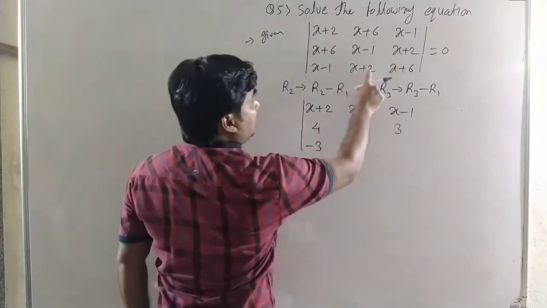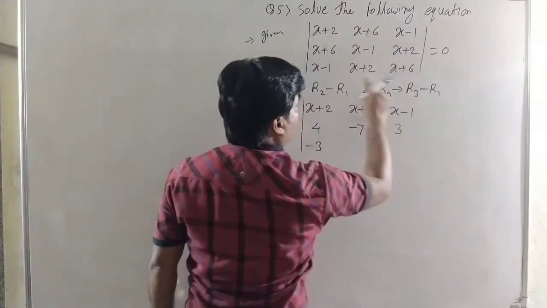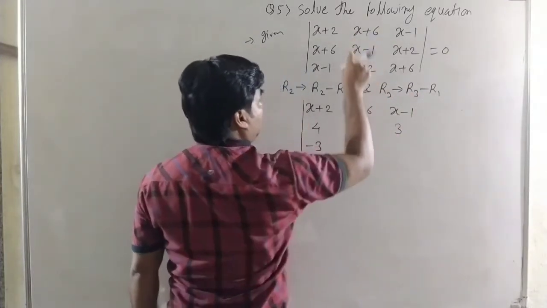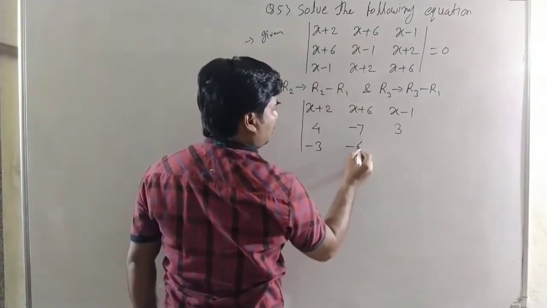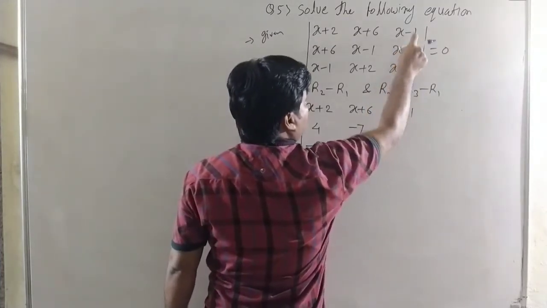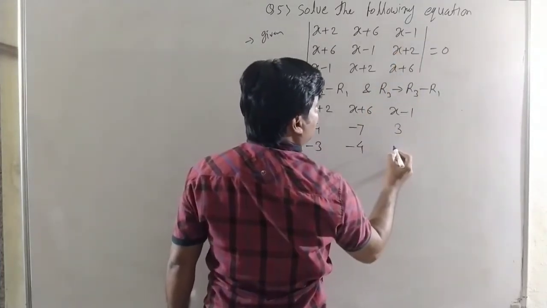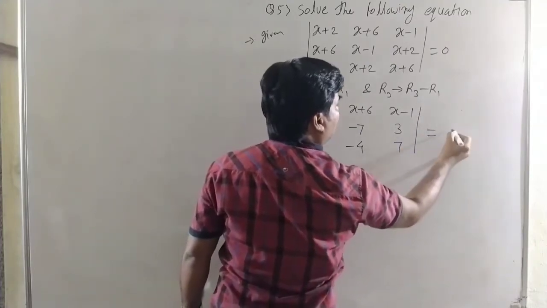Then x plus 2 minus x plus 6, R3 minus R1, x gets cancelled, 2 minus 6, it is minus 4. And x plus 6 minus x minus 1, x gets cancelled, 6 minus minus 1, that is 6 plus 1, it is 7, and then it is 0.